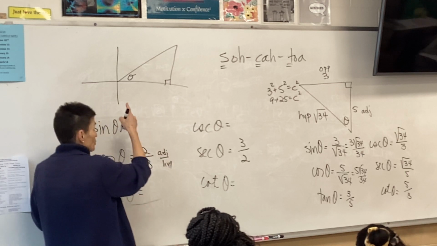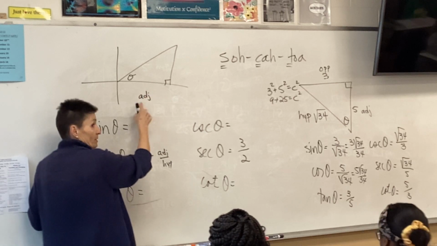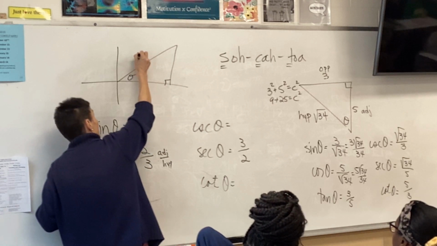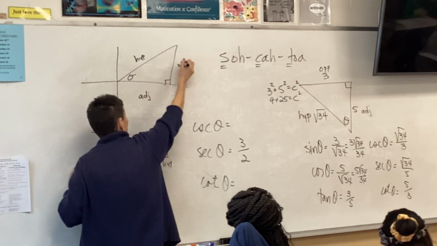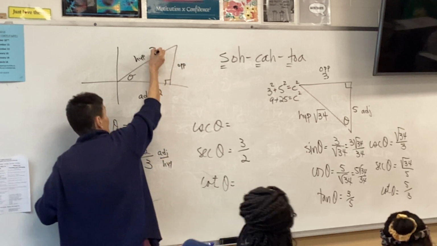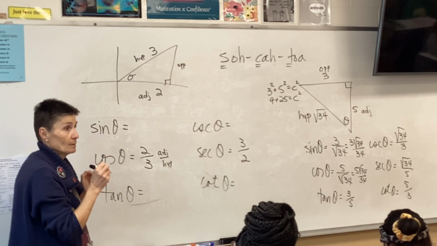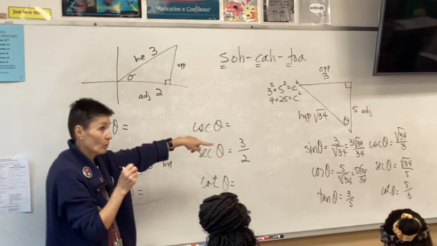Now, look at your picture. This is adjacent, would you agree with me? This is hypotenuse, and this is opposite. So 2/3, just like Eli said, he's exactly right. Now we're kind of back to where we were over here.